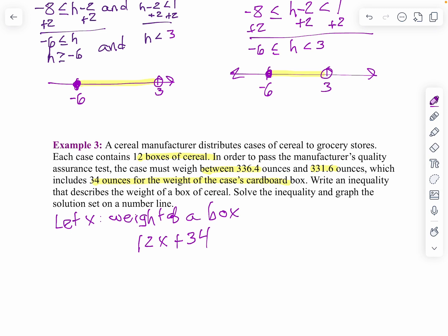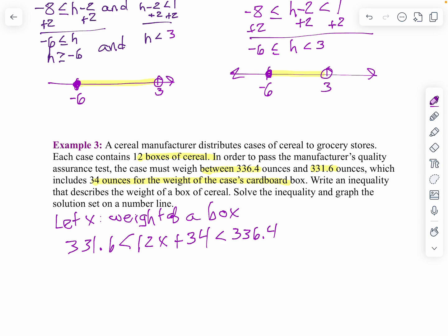Then it's got to be between these two numbers. I like to write it as a compact inequality, so I'm going to say it's between 336.4 to be my biggest, and 331.6. Notice it said between, where I'm not including those numbers.